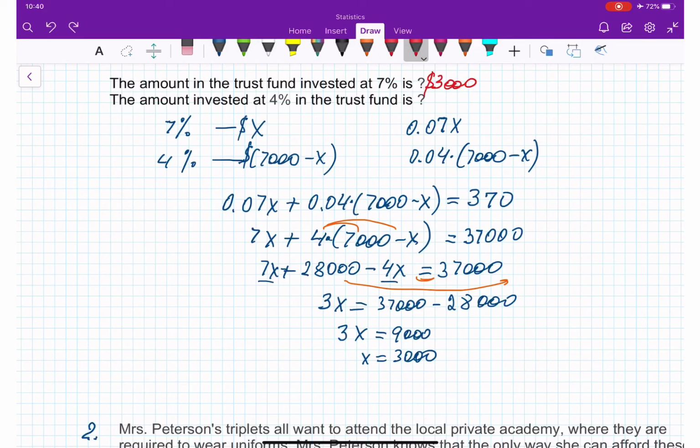So what we have to do is take 7,000 to find out how much was invested, minus 3,000, it's going to be 4,000. Which means 4,000 was invested at 4%. Make sense? There we go.